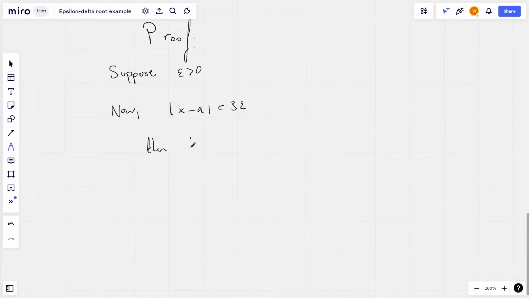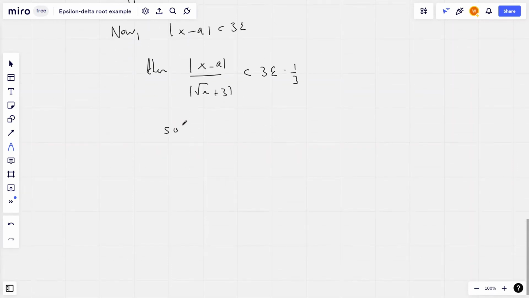Then we have x minus 9 over the modulus of square root of x plus 3 is less than 3 epsilon multiplied by a third. So we have that the square root of x minus 3 is less than epsilon.